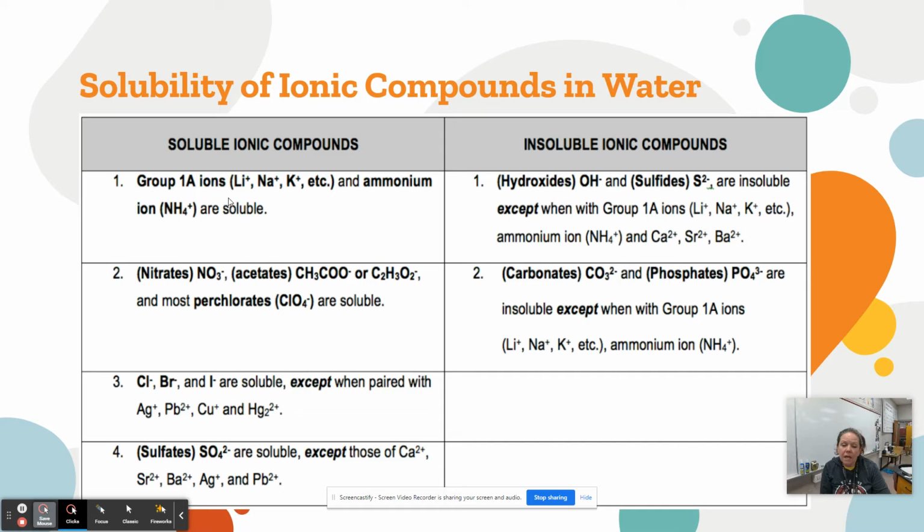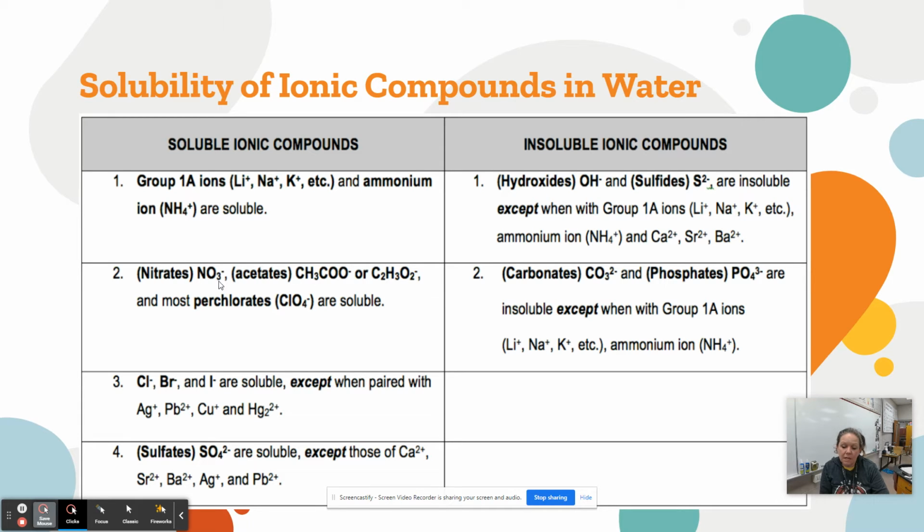Group 1A ions, remembering that if you're looking at your periodic table, the far left is group 1, the row that goes up and down, are all soluble ions, including ammonium, which is an NH4 positive ion. That is the only polyatomic ion that you had to learn that was positive. It is soluble.